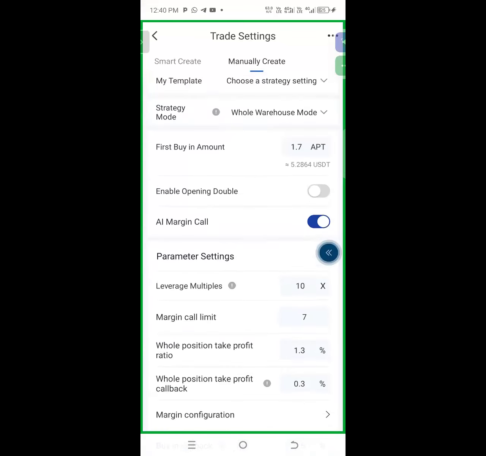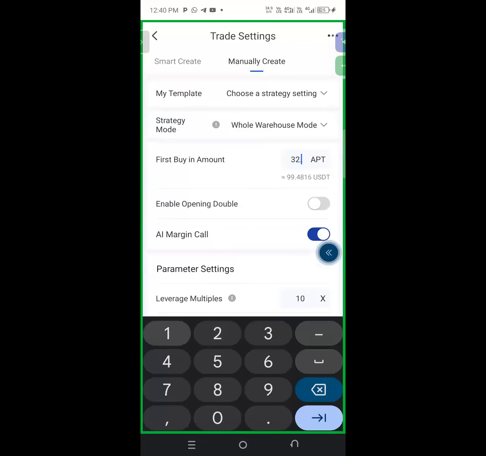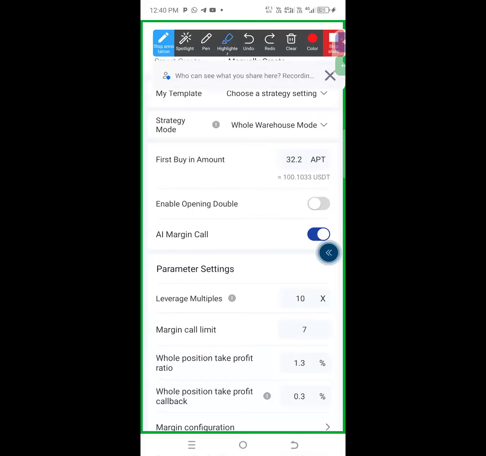So let's come here. 32.16. Okay. So let's assume approximately 32.2. Good. So 32.2 is giving us 100 USDT. It's giving us 100 USDT, right?